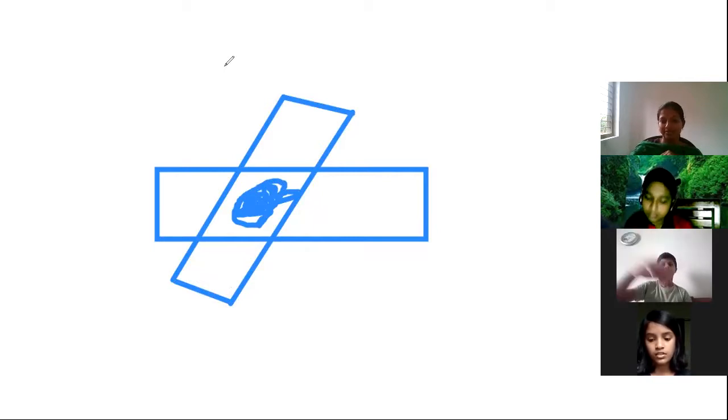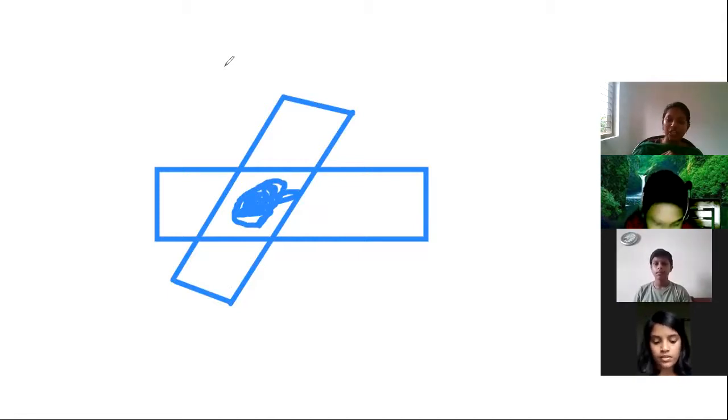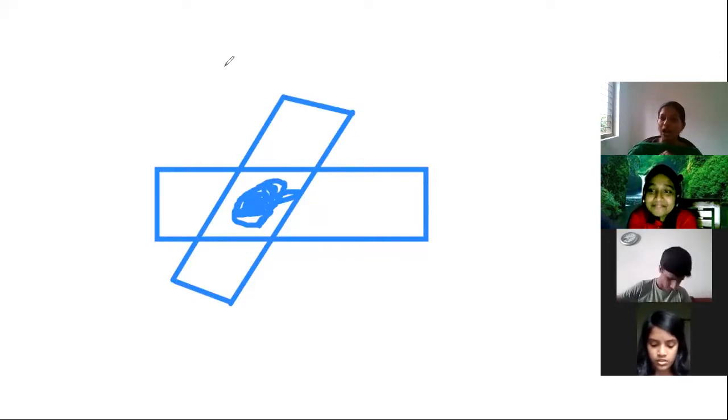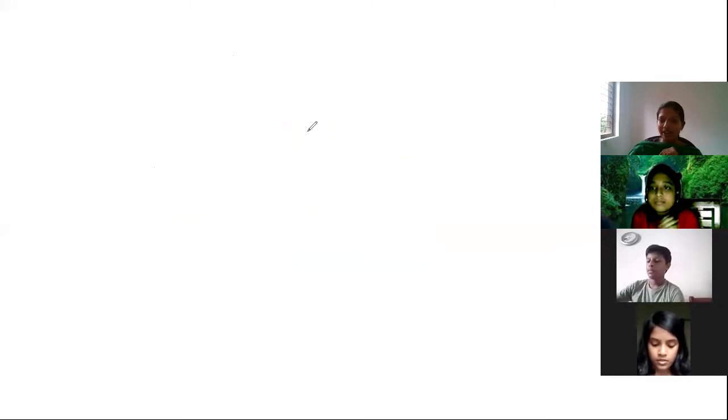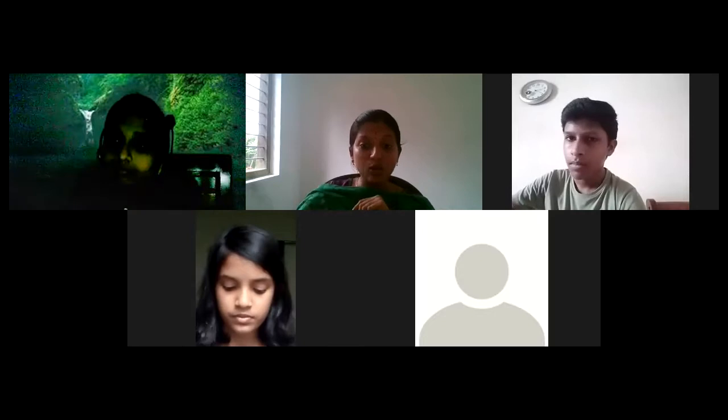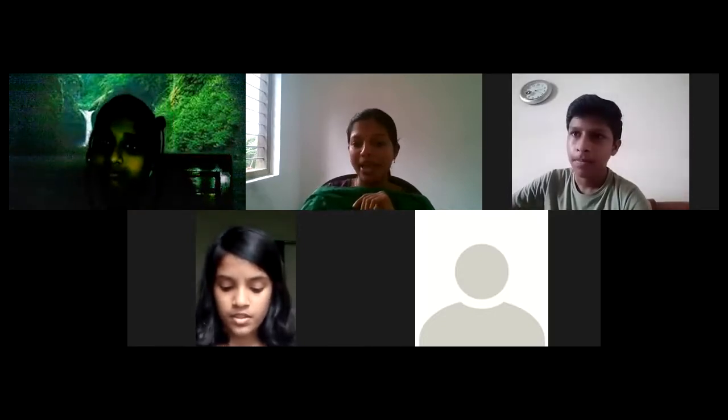I think there are a lot of Do This activities for you in this chapter. You can try this using some paper cuttings or cardboard sheets. And this is a parallelogram, that is, a quadrilateral whose opposite sides are parallel.